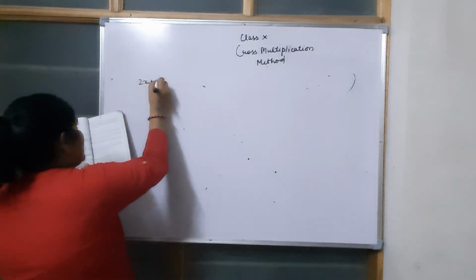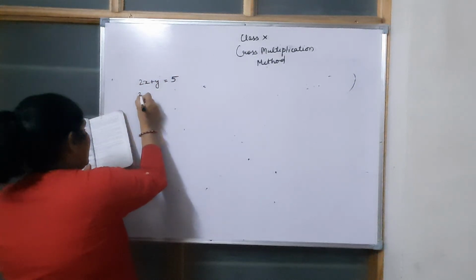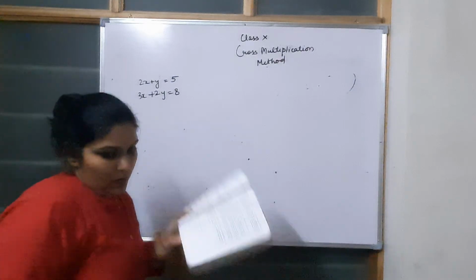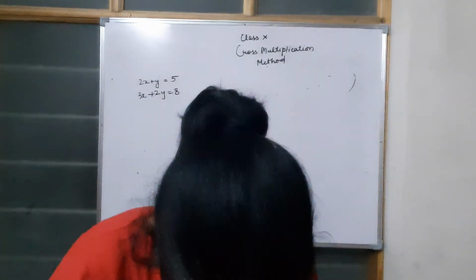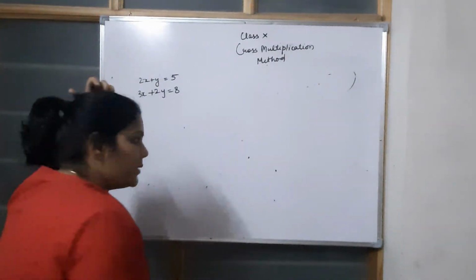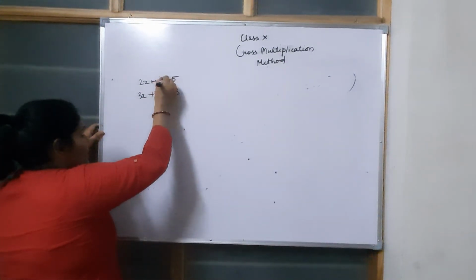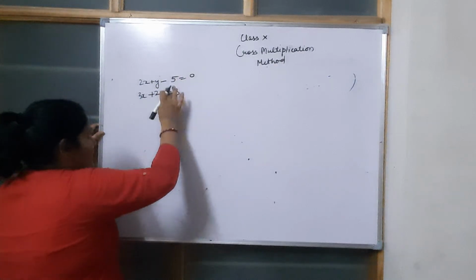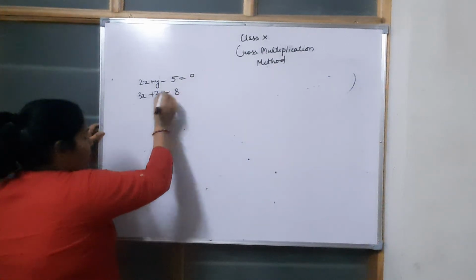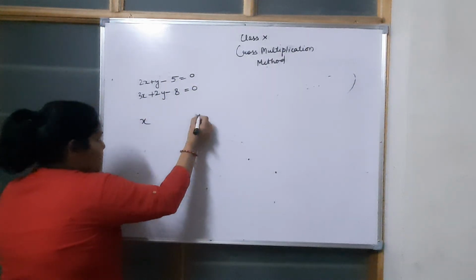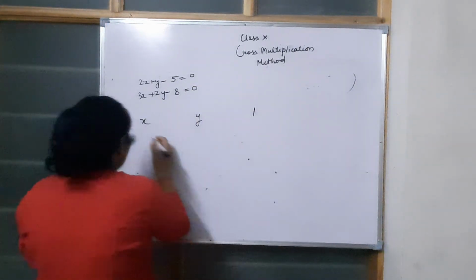Now 2x plus y equals 5. Just telling you the method, how to apply the method. We'll be discussing more about the cross multiplication method in the next video. So again, this plus 5 is on the right hand side, it will go to this side, on the left hand side it will become minus, and this is 0. This is plus 8, it will go to the left hand side as minus 8, and 0. So here x, y, 1.